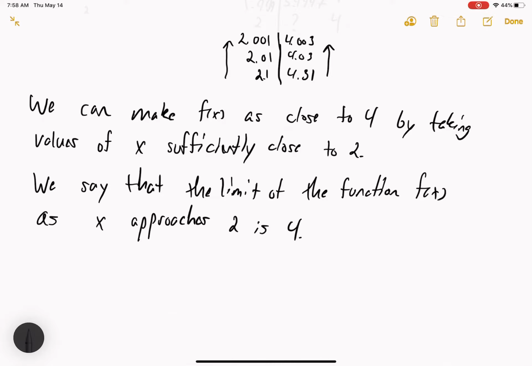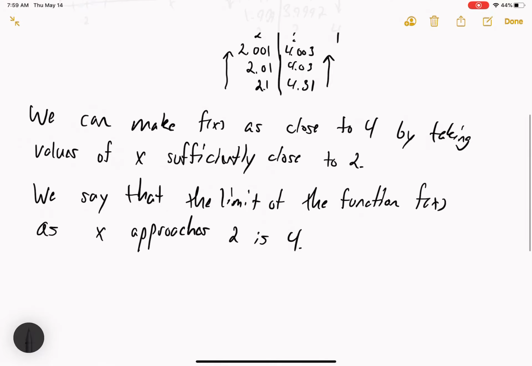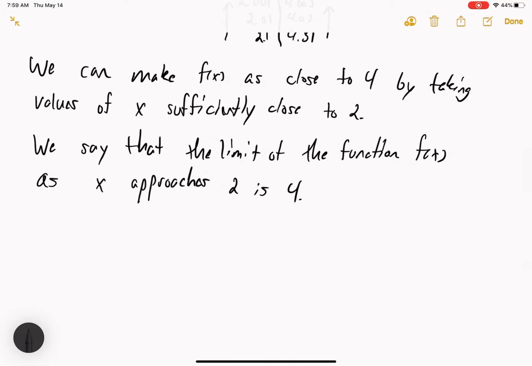What this is saying is that as we go to 2 from above or below, from numbers less than it or numbers greater than it, f of x goes to 4.